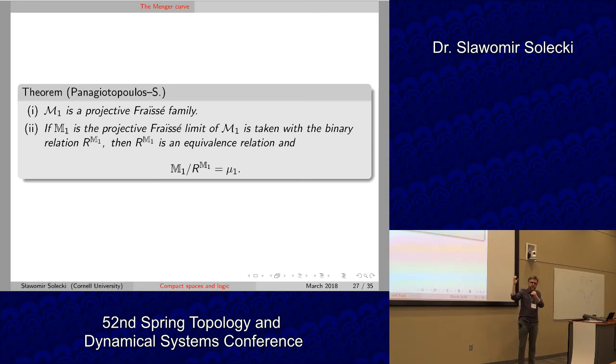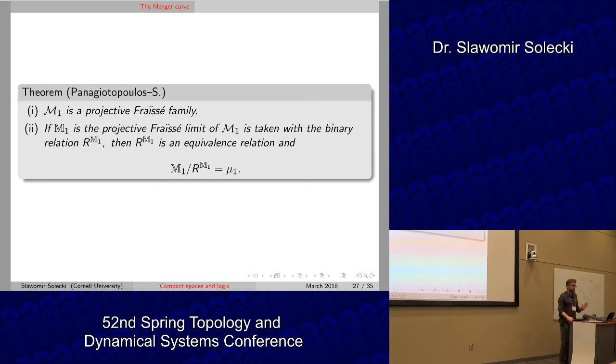Look at the removed intervals, and make the endpoints of removed intervals equivalent, and all the other points that are not endpoints of intervals, just leave them alone. That's a compact equivalence relation. When you divide by it, you get the interval. So it's a very similar situation here, except that the equivalence relation is much more complicated. All the equivalence classes have 1 point or 2 points, but when you divide, you get the Menger curve.